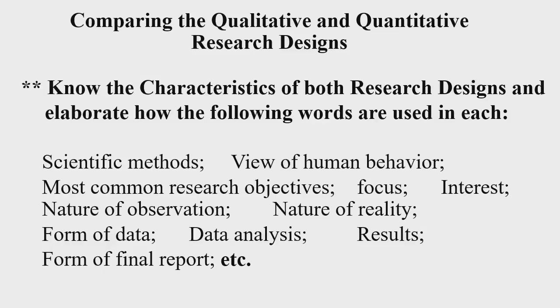You should be able to elaborate how the following words are used in each of these research designs. Scientific methods, view of human behavior, most common research objectives, focus, interest, nature of observation, nature of reality, form of data, data analysis, results, and form of final report.